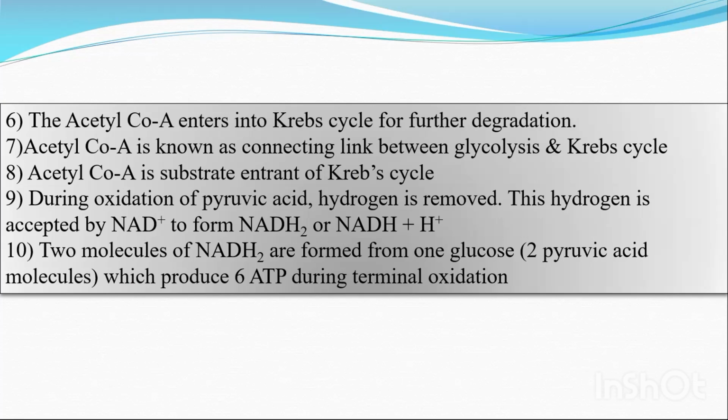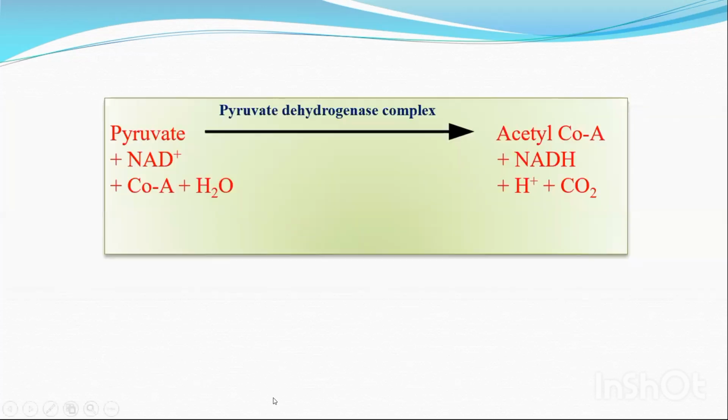During the oxidation of pyruvic acid, hydrogen is removed. This hydrogen is accepted by NAD and converted to NADH2. Then 2 molecules of NADH2 are formed from 1 glucose, that is 2 pyruvic acid molecules, which produces how many ATPs? 1 NADH2 gives 3, means totally 6 ATP will be produced during the terminal oxidation.